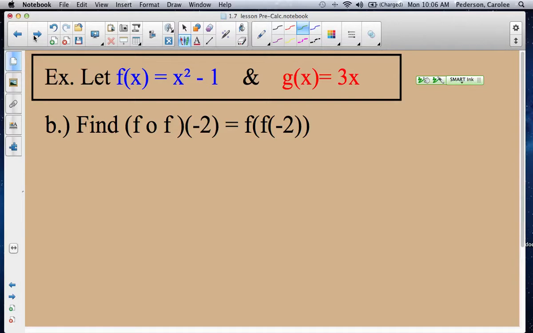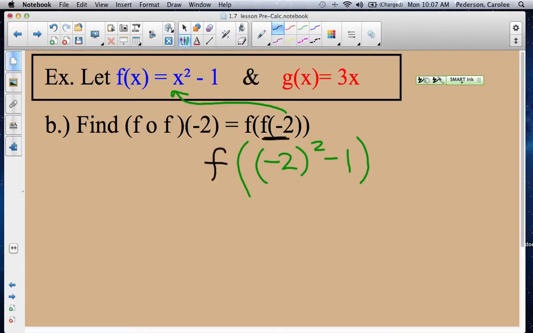So we're going to plug in -2 right there. That takes care of the inner f of -2. Now let's clean it up.